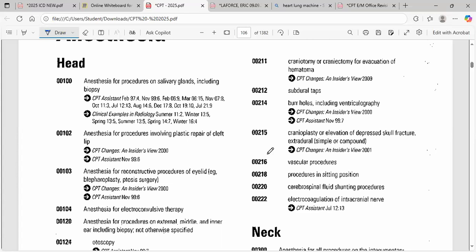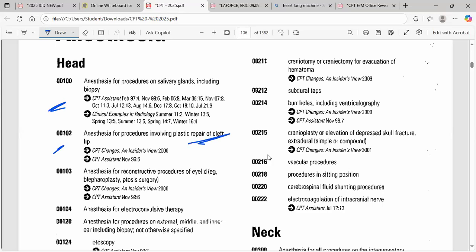The first code is 00100, which is for anesthesia for the salivary glands. Any procedure performed on a salivary gland, including a biopsy or any other procedure, uses 00100. We use 00102 for procedures involving repair of cleft lip.